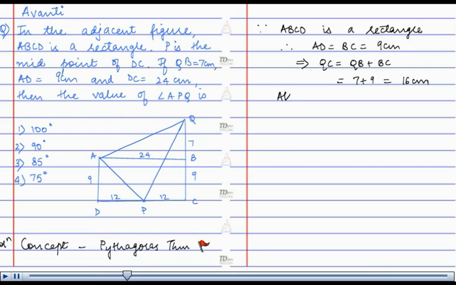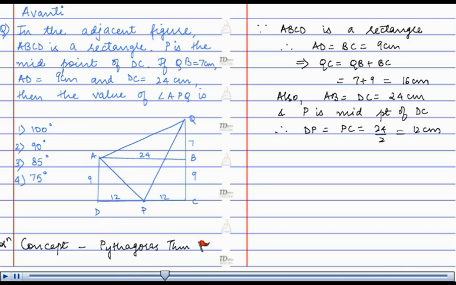Also, it is given that AB is equal to DC is equal to 24 centimeters and P is the midpoint of DC. Therefore, DP is equal to PC is equal to 24 upon 2, that is equal to 12 centimeters.